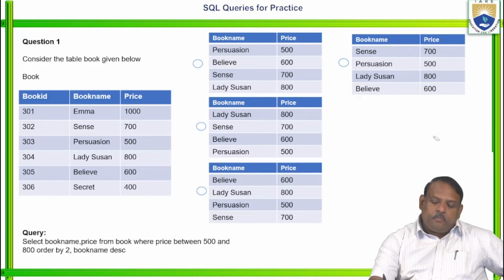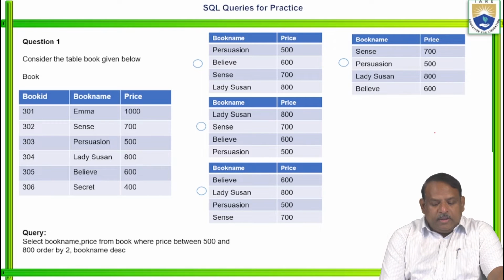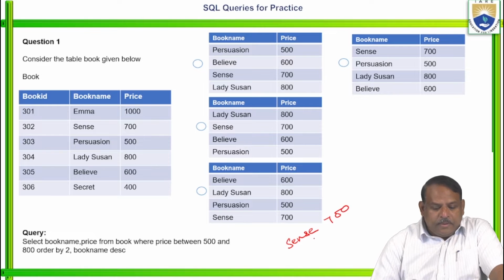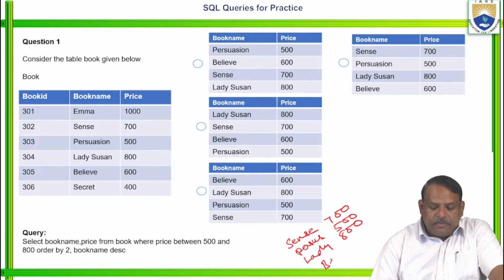Now we need to identify those books which are between 500 to 800. So we get Sense 700, then Persuasion 500, Lady Susan 800, and Believe 600.